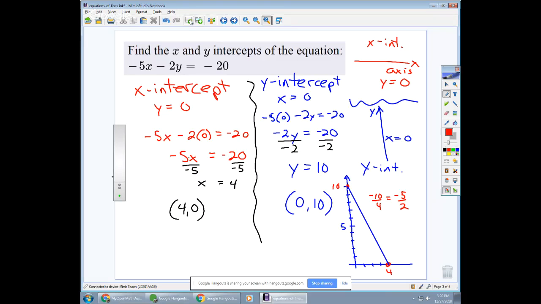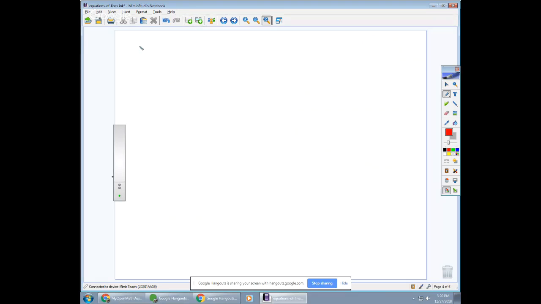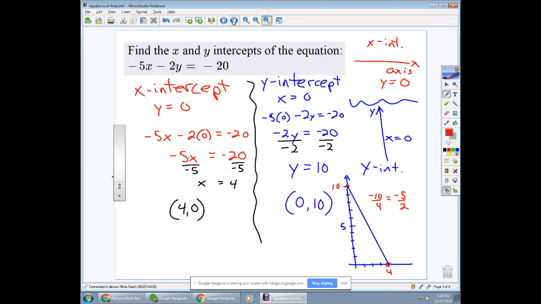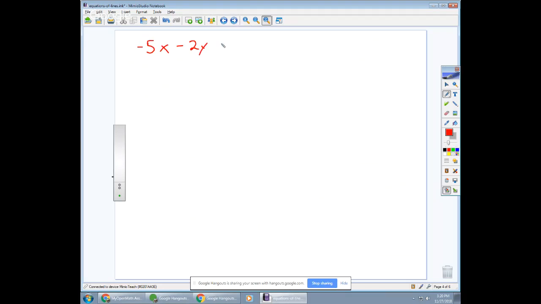So let's see, new page. Negative 5x minus 2y equals negative 20. We're going to solve for y just to double check. So doing that, I want to keep this.